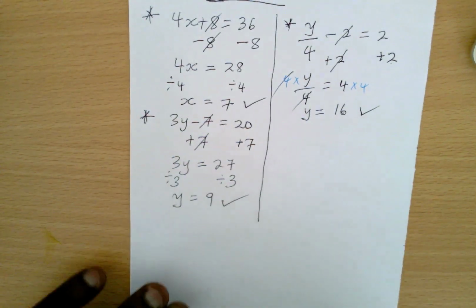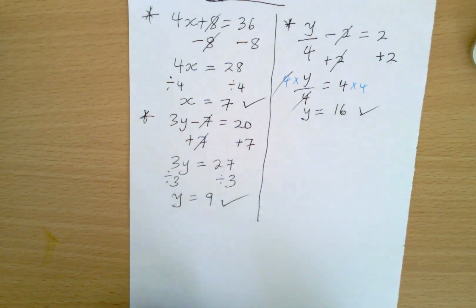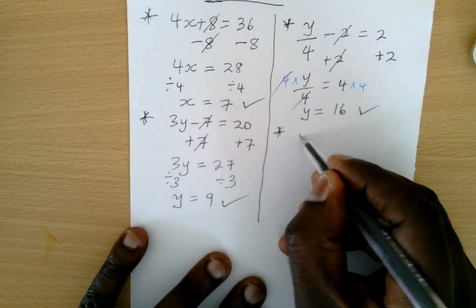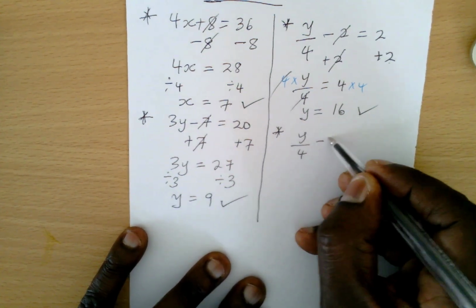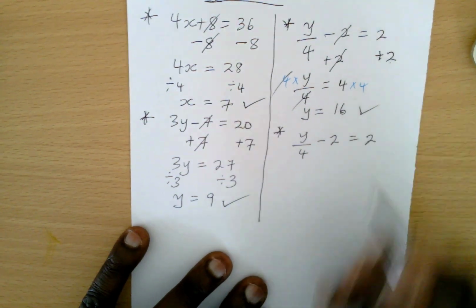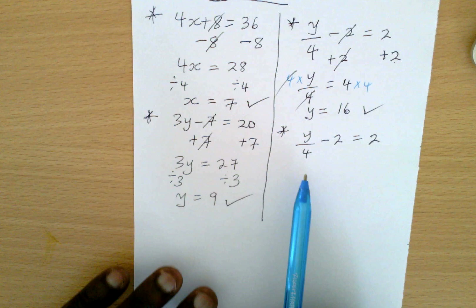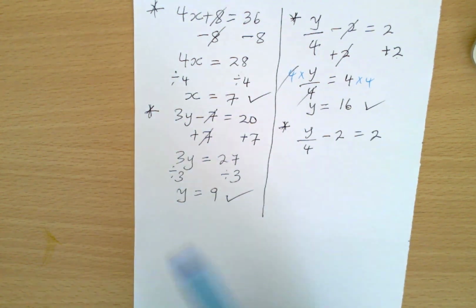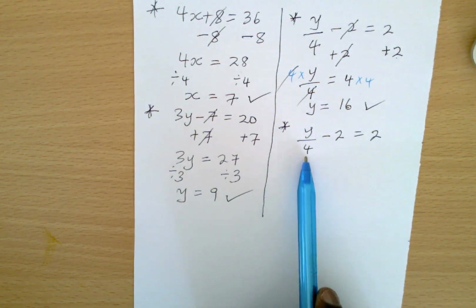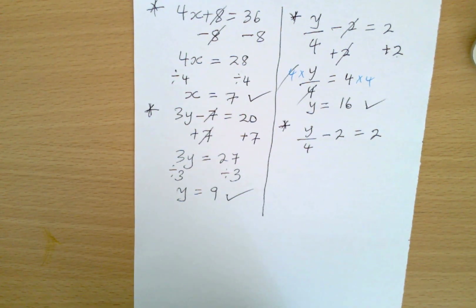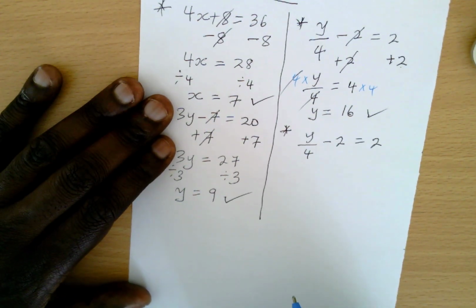And there is a different method to solve this equation, which I'll show you. Y over 4 minus 2 is equal to 2. That's the equation we have. Now, the different method is removing the fraction. Once you remove the fraction, which is the over 4, it becomes easy for us to proceed.